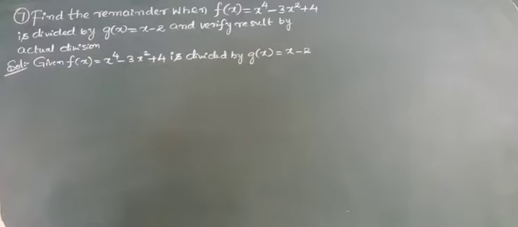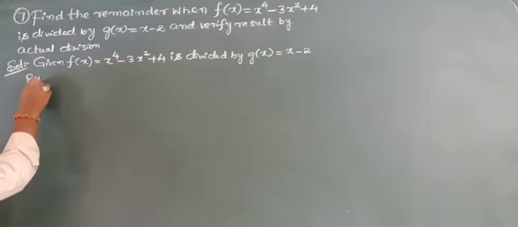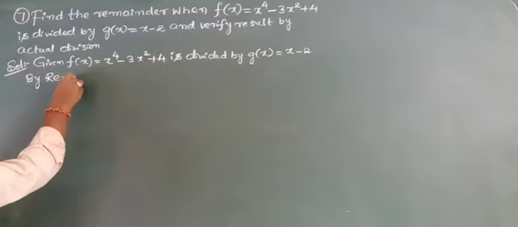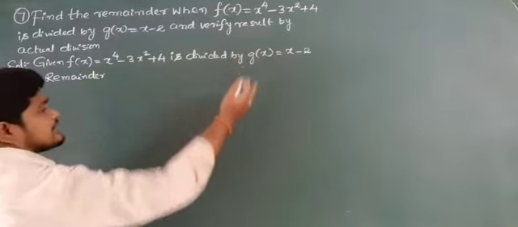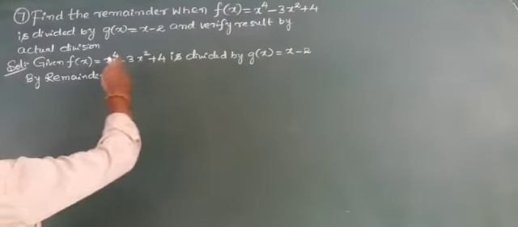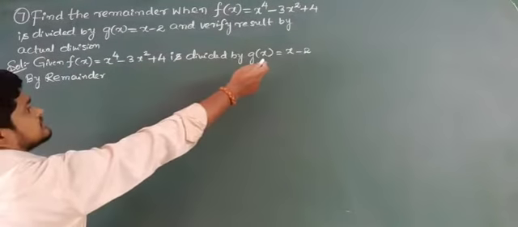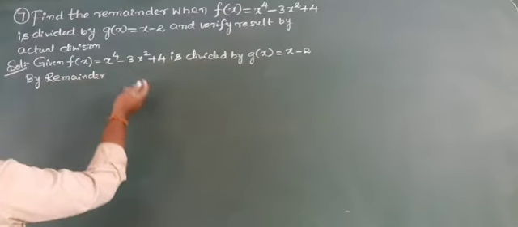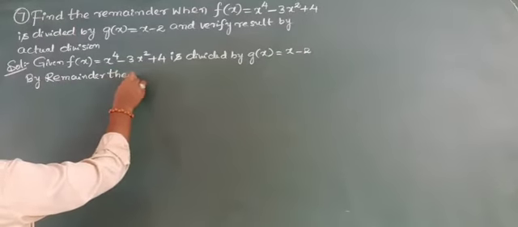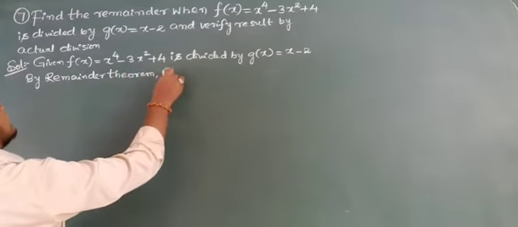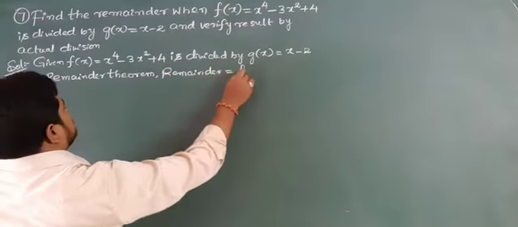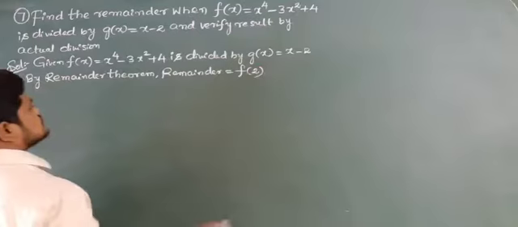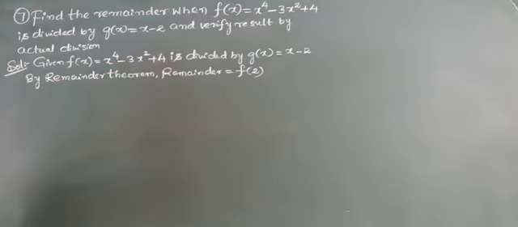Then by the remainder theorem, what is the remainder theorem? When f(x) is divided by a linear polynomial x − a, the remainder is f(a). Same like that, x − 2 = 0, then the remainder is f(2). By the remainder theorem, the remainder is equal to f(2). So substitute 2 in the place of x here.